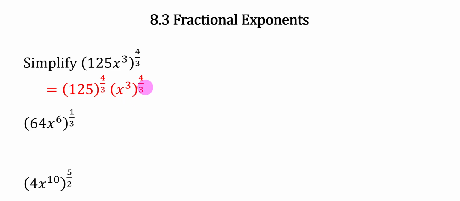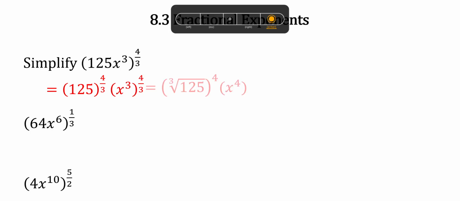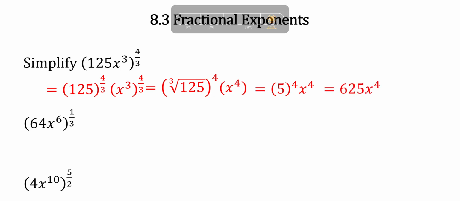So this is going to become x to the fourth. This is our power to a power. You multiply the powers. So 3 times 4 over 3 is just 4. And the cube root of 125 is 5. 5 to the fourth power is 625. Okay, you try the next two, work these two out, and come back and check your answers.